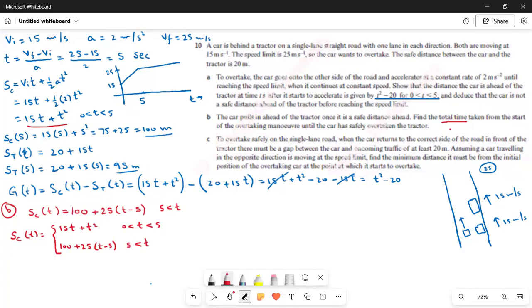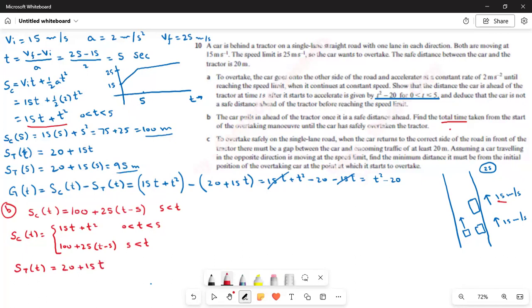And what about the distance traveled by the tractor as a function of time? Look at it, the tractor is going at a constant speed, no acceleration, so this is easy. We have found it before as well. It is 15t because its speed is 15, time is t, and it's already 20 meters ahead. So this is 20 plus 15t, for all time.